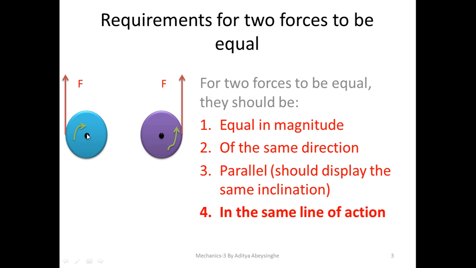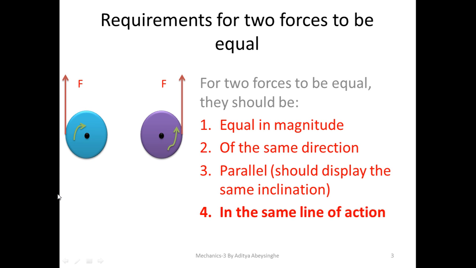The final important point is that they should be of the same line of action. That's the concept I will be explaining in this video, and it means that they can be superimposed. You can move this force over to here, and if you superimpose it over the line in which the force is acting, it should display the same characteristics, behaviors, changes, and all the other properties expected from this force.